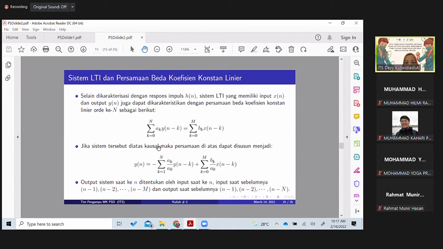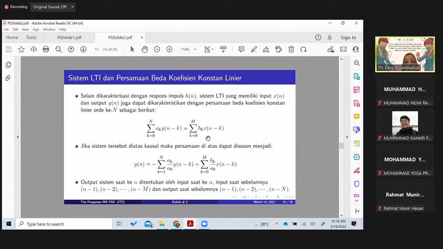So here you could see an equation between the output of the system and the input of the system. The left hand side is related to the output at n equals n0, or at a certain n value, and the right hand side of the equation is related to the input of the system.